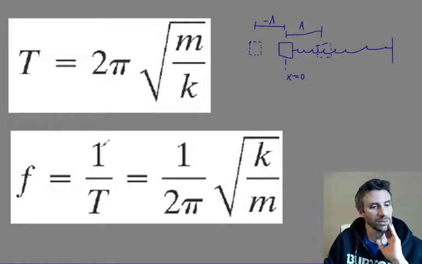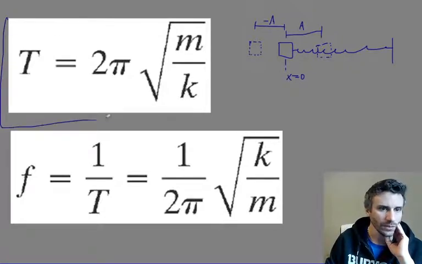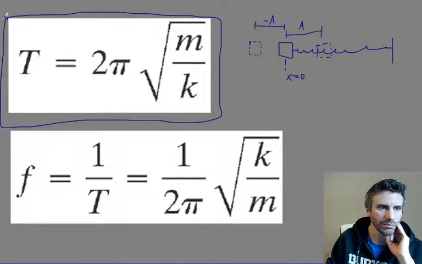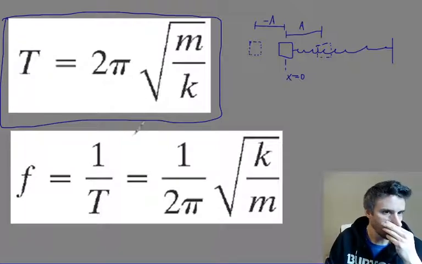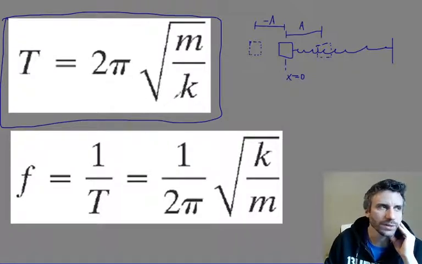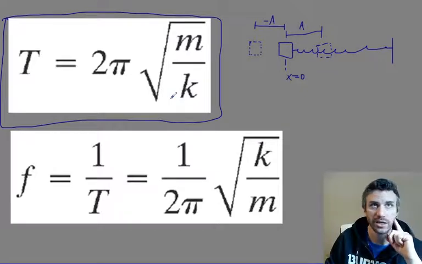And since f is equal to 1 over T, we're just doing a quick substitution, and we can express it in this way as well. This equation, I think it might be helpful to memorize. I should actually look, it might be an equation on the AP equation sheet.